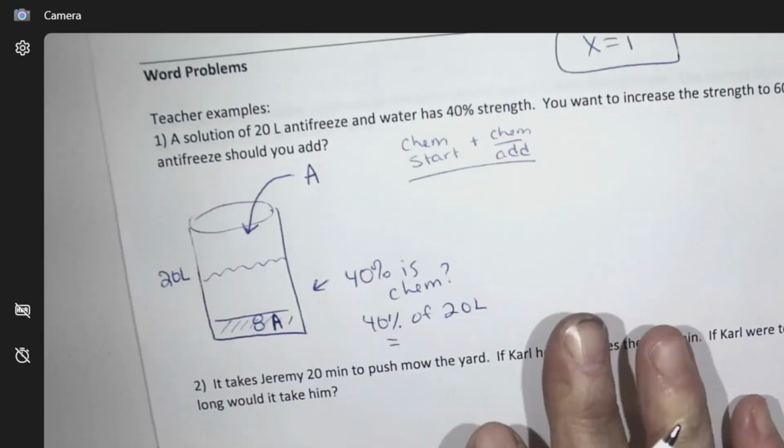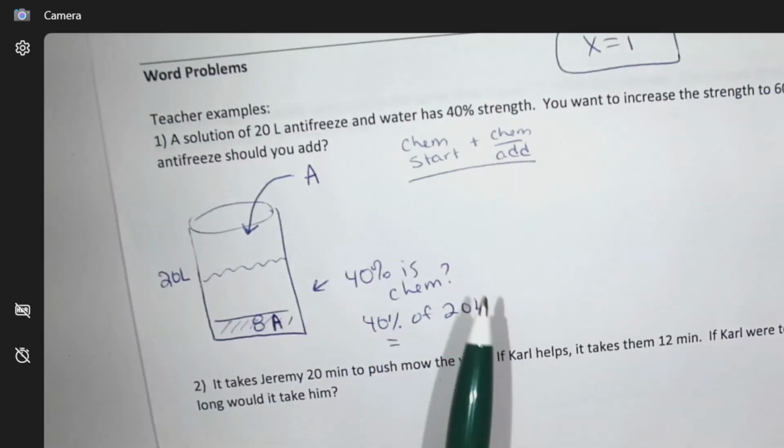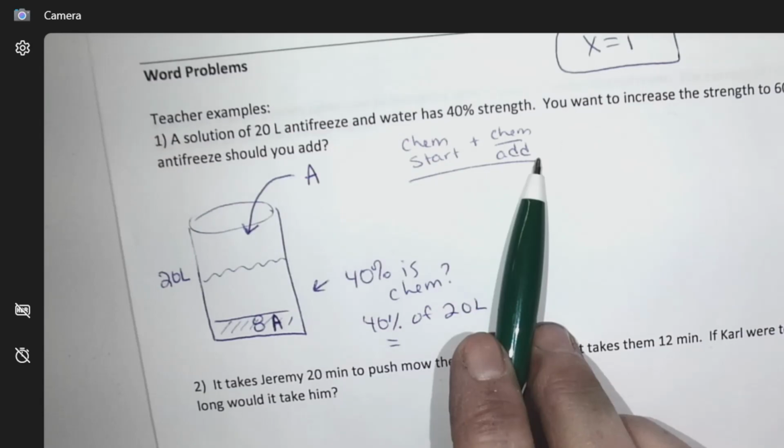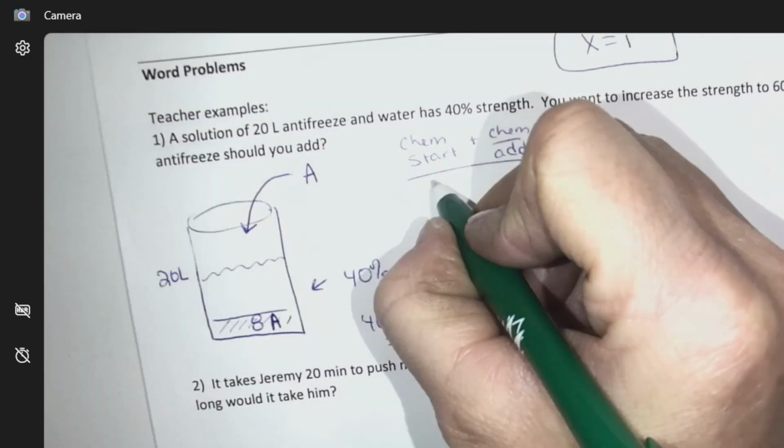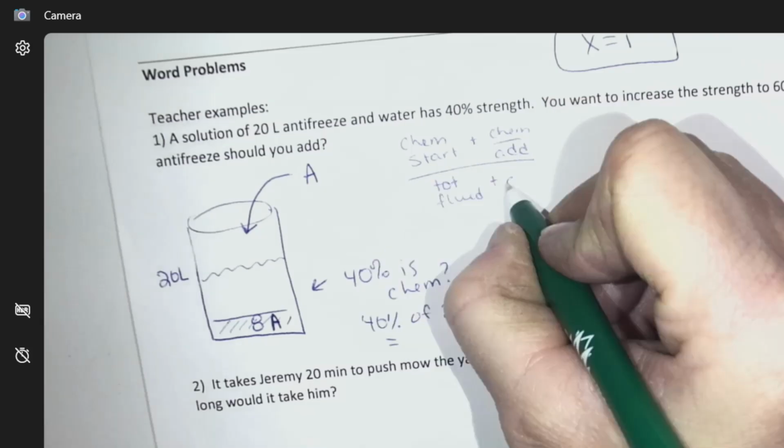You're going to do this: the chemical at the start plus the chemical that you add tells me all the chemical in there, divided by the total fluid plus the add.